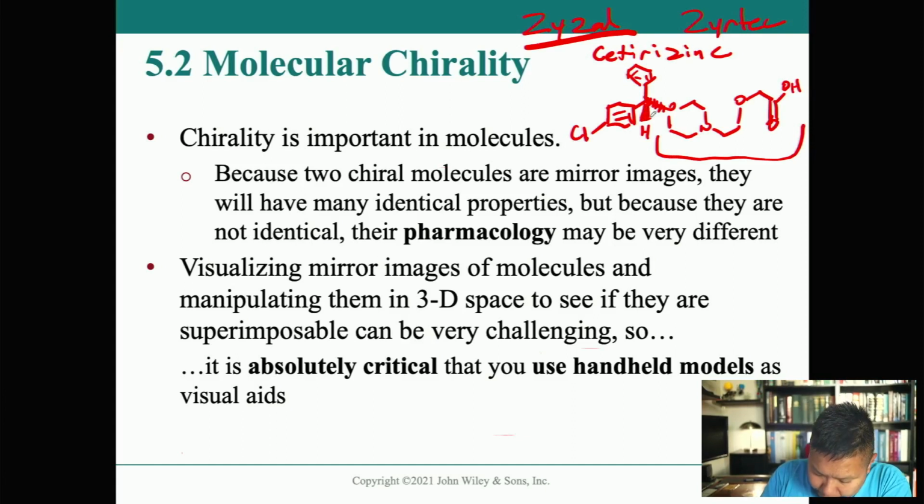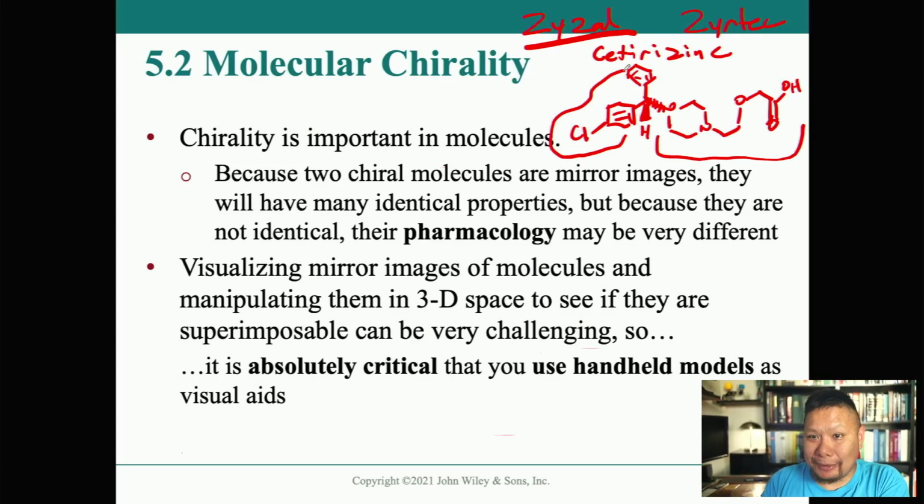And this part of the molecule here is flat, in line with the page. So that's cetirizine, that's Zyrtec, that's what's giving you your allergy relief. But Zyrtec makes me sleepy, so I take Xyzal.